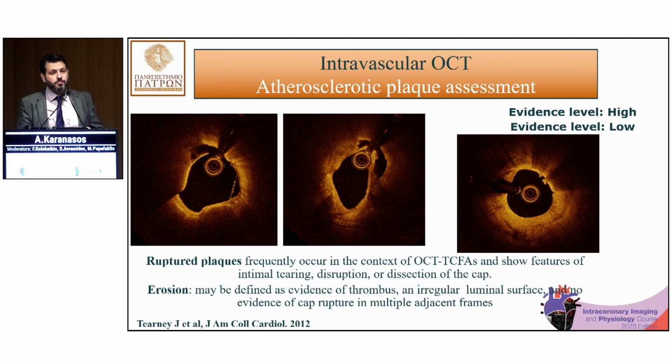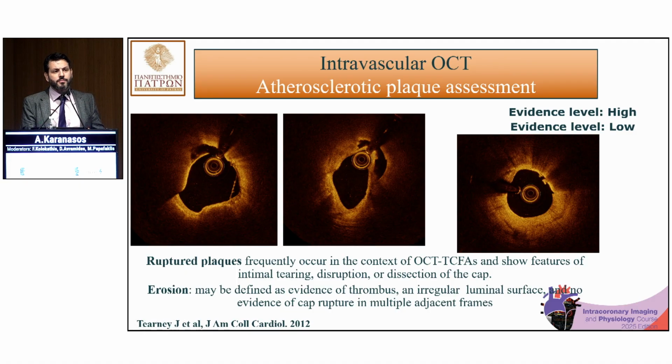And of course, plaques do rupture, and in this case, you can see a clear separation of the fibrous cap, and then you can have a cavity formation with or without thrombus, if it's healed.